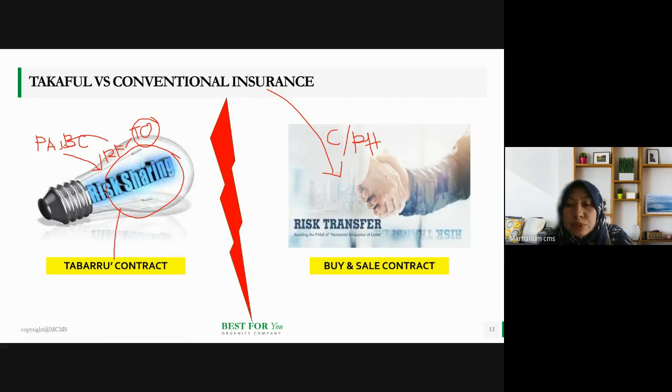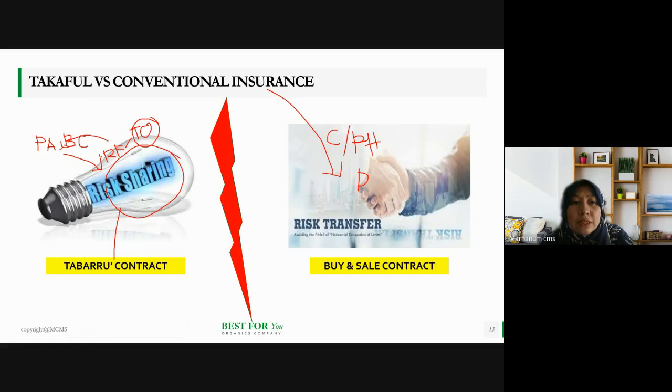By transferring your risk to us, you have to pay a premium, a certain amount of money, to the conventional insurance company. When they pay the premium to the company, this premium belongs to the company 100%.